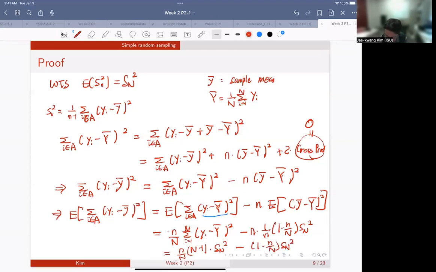So then you can have some cancellation, and end up getting n minus 1 times S squared. Okay. So this guy could be multiplied in here inversely, then you show this. Okay, so that's basically what is going on.